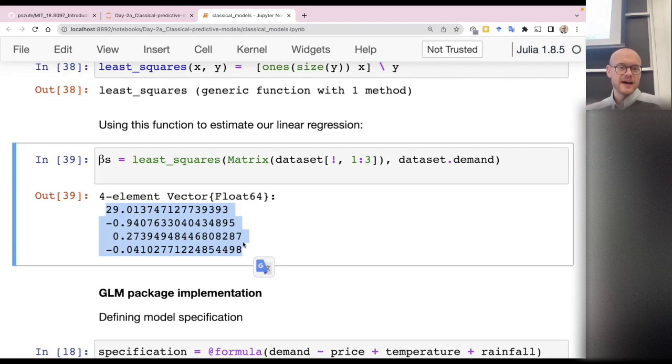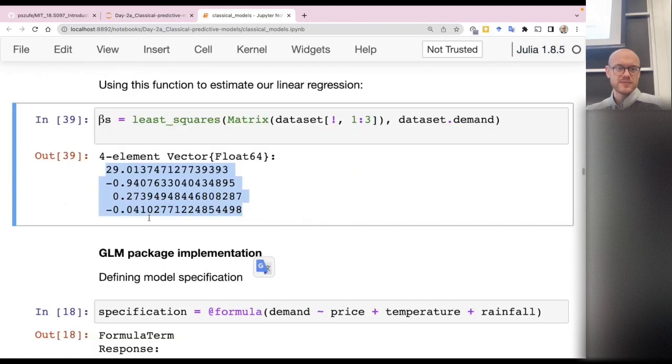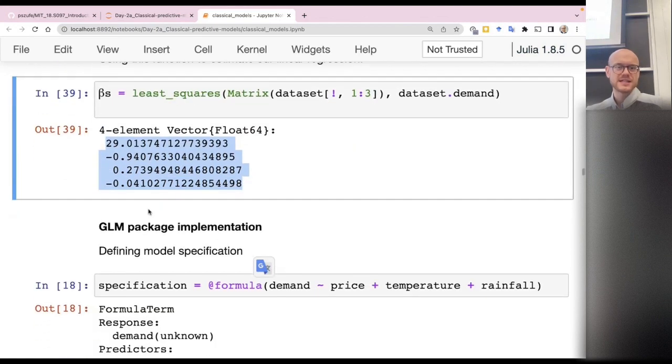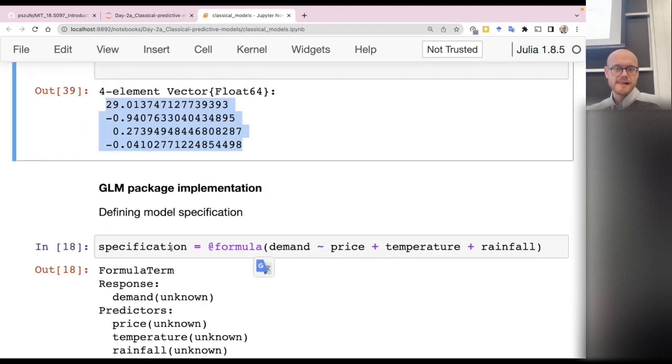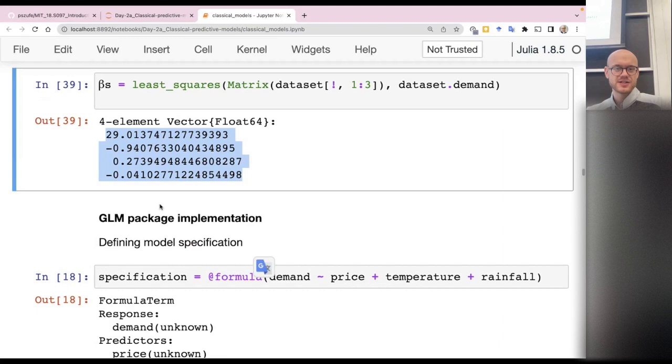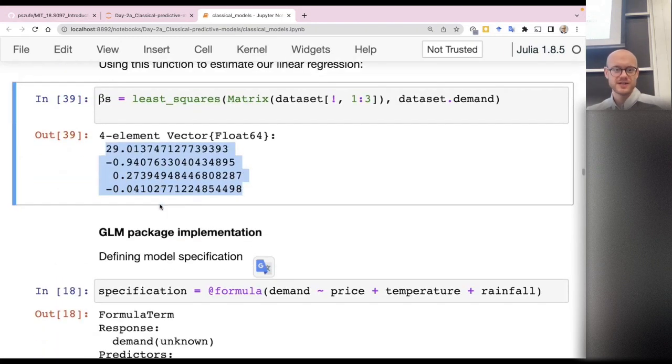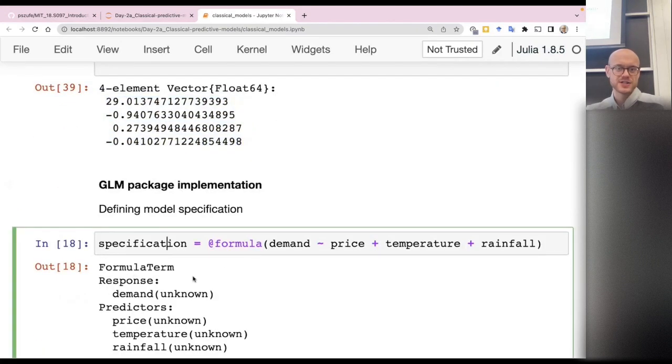We will soon interpret those, but let's first do the same using the GLM package, which stands for Generalized Linear Models, very similar to the R programming language. Take a look at those, because in real life you will rather be leveraging this GLM package rather than using your own algebra calculations.